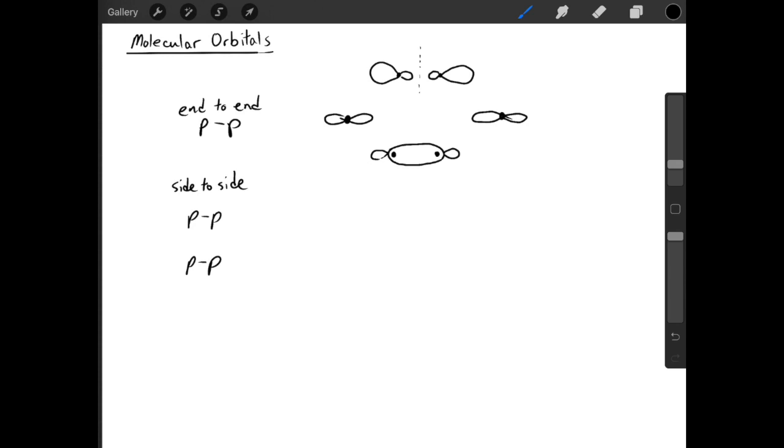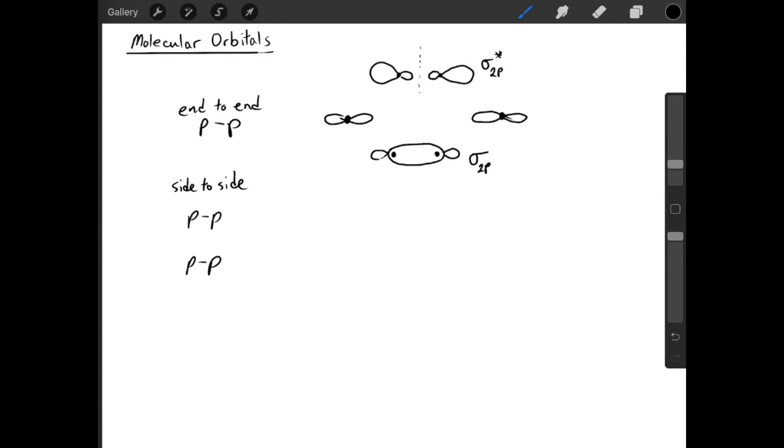And the labels that we give to these are going to be sigma. So the bonding is a sigma p molecular orbital, and the antibonding one is going to be a sigma star p orbital. And typically we include the n value as well. So normally we'll be working with carbon-based systems, so this would be a 2p orbital. So the sigma 2p and the sigma star 2p. And these are sigmas because they're rotationally symmetrical.